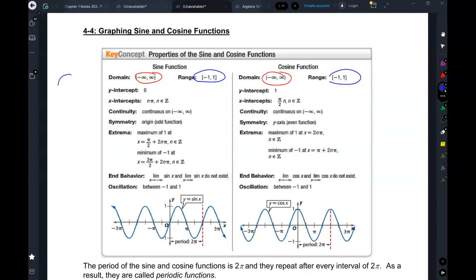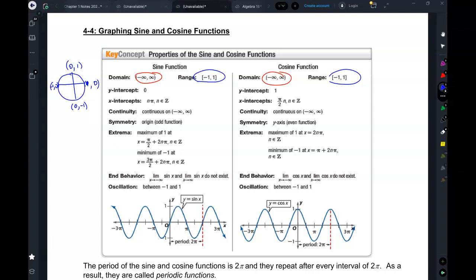And we know this because on the unit circle, the coordinates are 1, 0, then 0, 1, -1, 0, 0, -1. If I'm just looking at the sine values, are those the x or the y coordinates? The y coordinates.